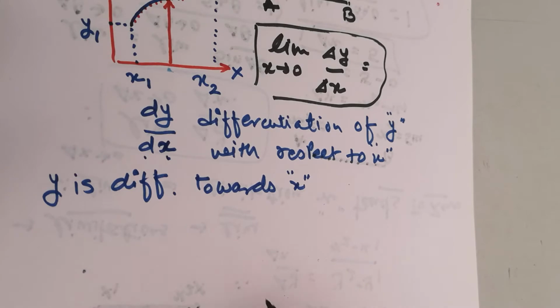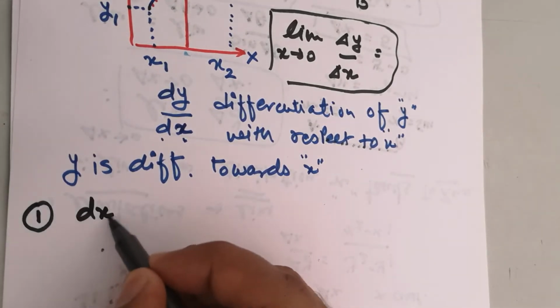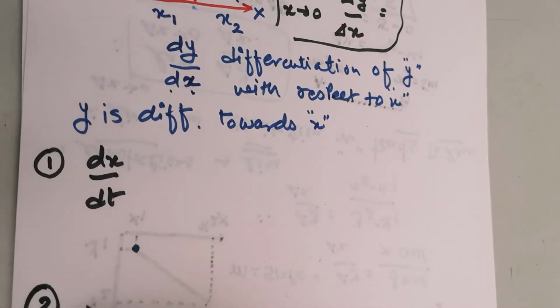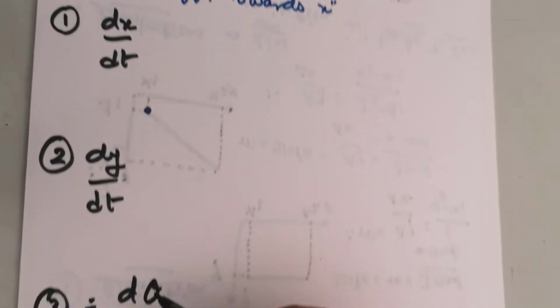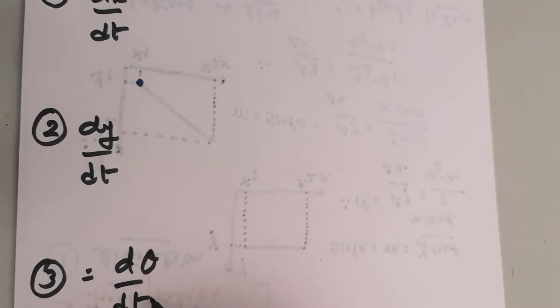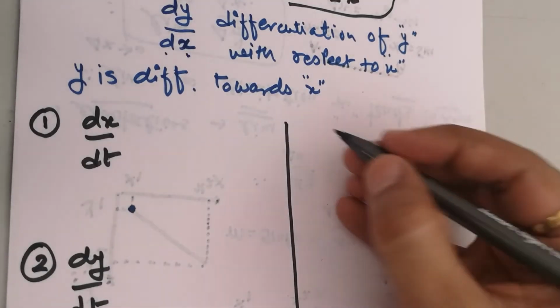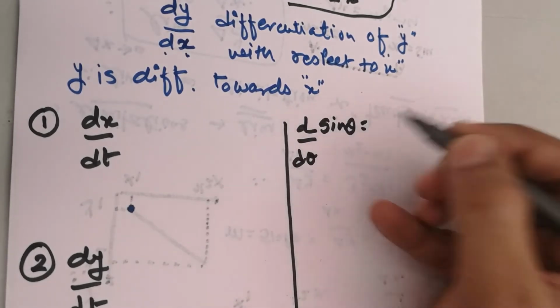I am just putting some examples for you, how you can read or write it down. Let's say I have mentioned dx by dt. Next term is dy by dt. Then the third term, d theta by dt. Then another term is d by d theta of sine theta.